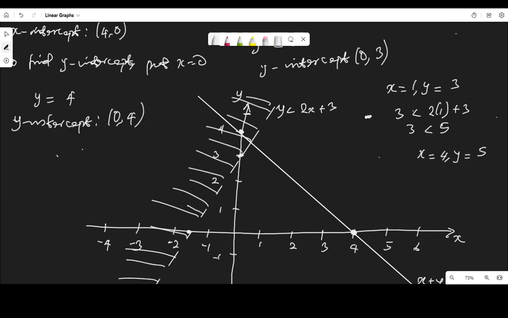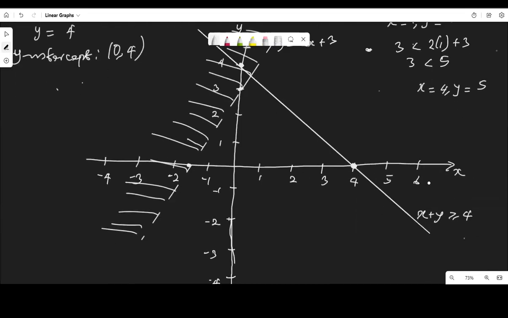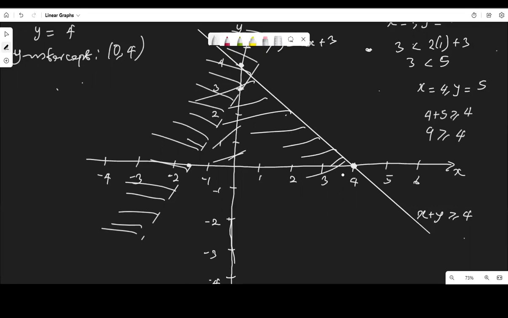So if I put this point into this inequality, which is x plus y greater than or equal to 4, in this case, x is 4 and y is 5. 4 plus 5 is 9. Of course, 9 is greater than or equal to 4. Meaning this side satisfies the inequality. So the side that does not satisfy the inequality is this side. Shade it. So the region that satisfies this inequality is this side here.